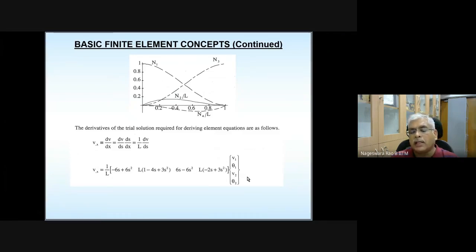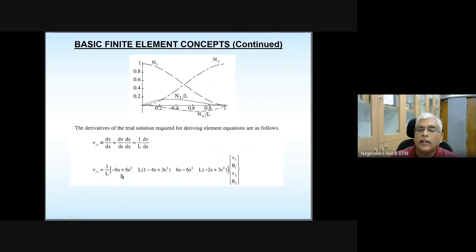But in the potential energy functional, we have the second derivative, so you need to take one more derivative. You can use the chain rule again: take the derivative with respect to s and the derivative of s with respect to x.